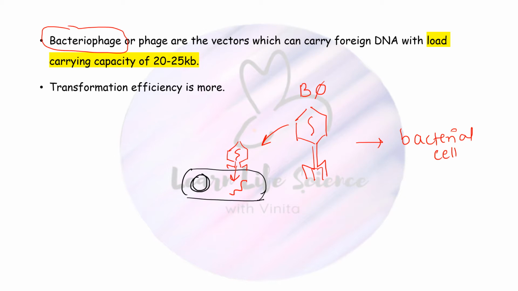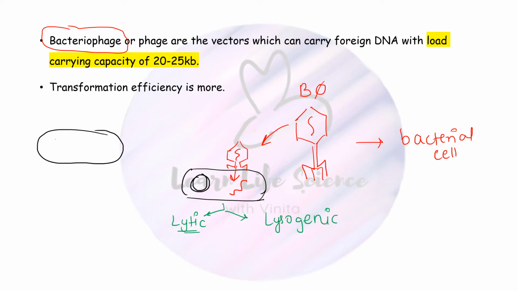Once the genetic material is inserted in the host cell, this genetic material of virus can lead to two different pathways. The first pathway is the lytic pathway and the second pathway is the lysogenic pathway. We know that in the lytic cycle, the viral genetic material takes up the machinery of the bacterial cell, and it synthesizes its own packaging material.